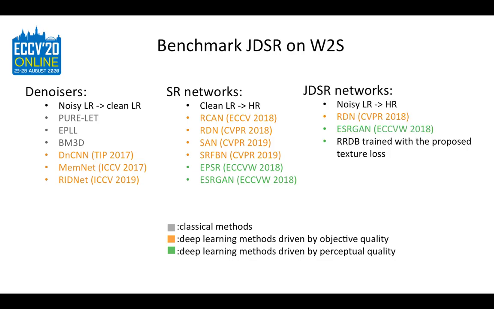Furthermore, to test the effectiveness of the joint optimization of denoising and super-resolution, we also trained 3 super-resolution networks on the joint denoising and super-resolution task, including RDN, ESRGAN, and an RDB network trained using a novel texture loss.